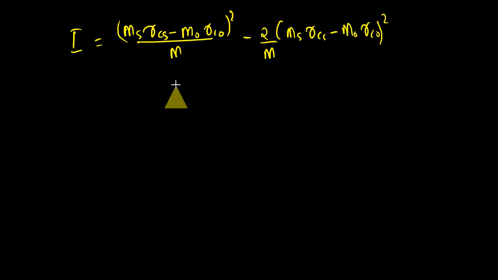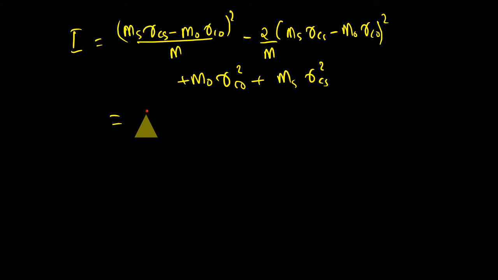Okay, M_O R_CO square plus M_S R_CS square. So that is equal to, here we have M_S R_CS minus M_O R_CO the whole square divided by M. The same term we can see here also. That's a common factor for these two terms.